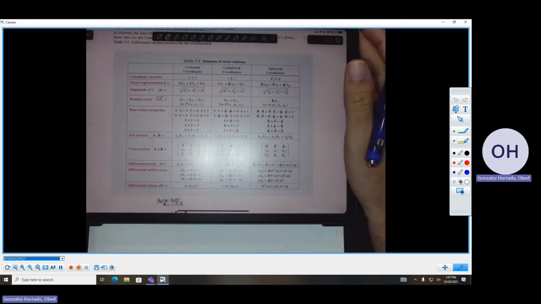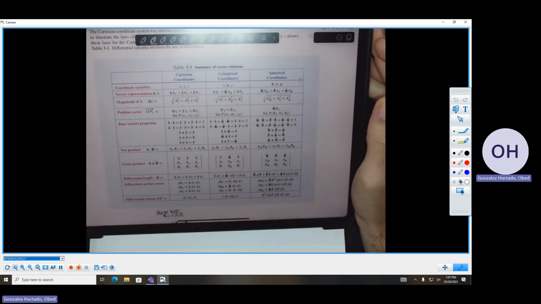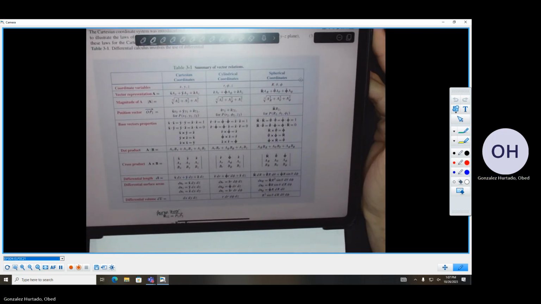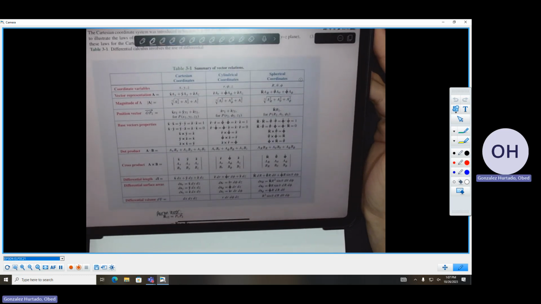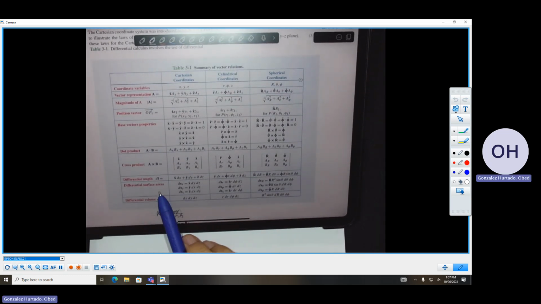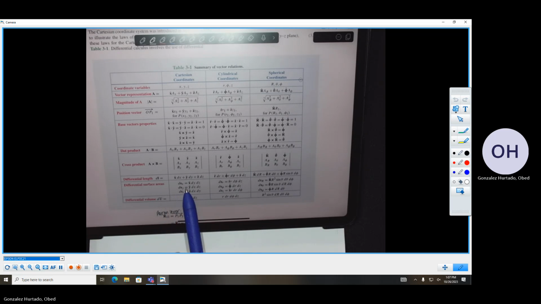Table 3-1 gives you a good overview. Here are the surface areas. So if you give it in the XY plane, XYZ plane, you can use all of these.